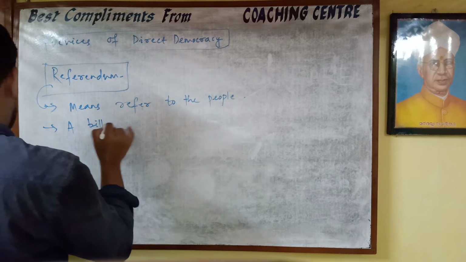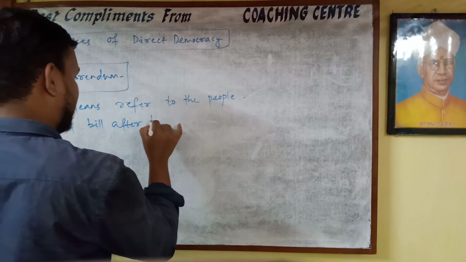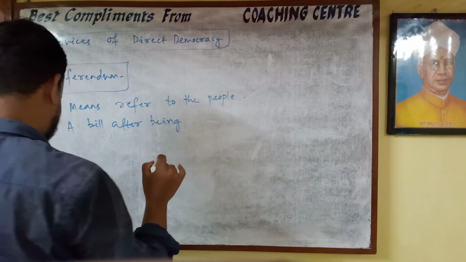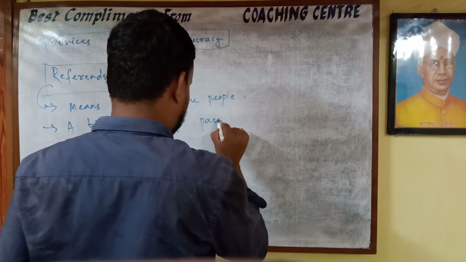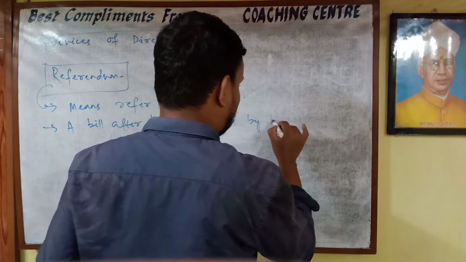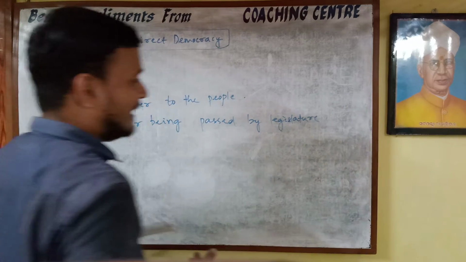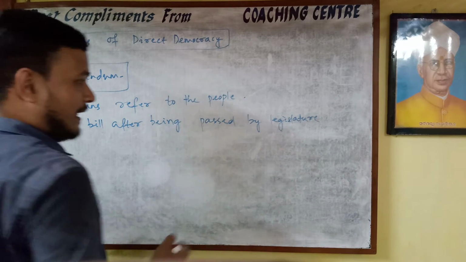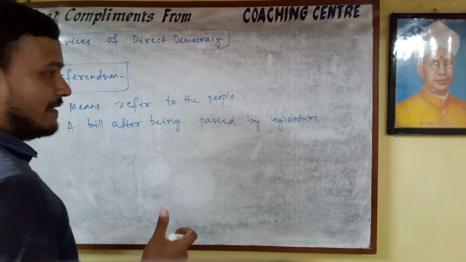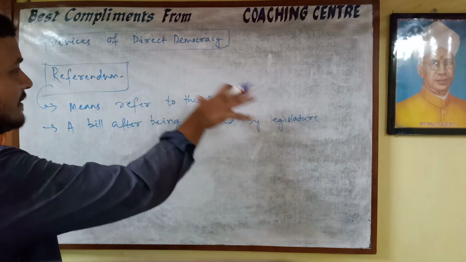A bill, after being passed by the legislature. The legislature can be anything. In our country, a parliamentary type of legislature is there, but we are not discussing our country.